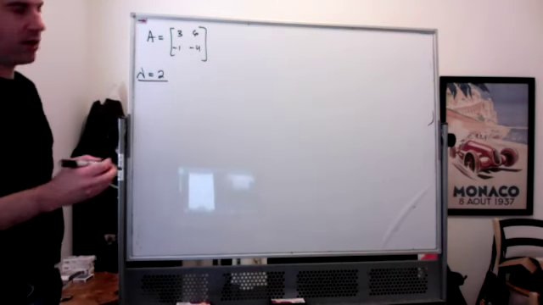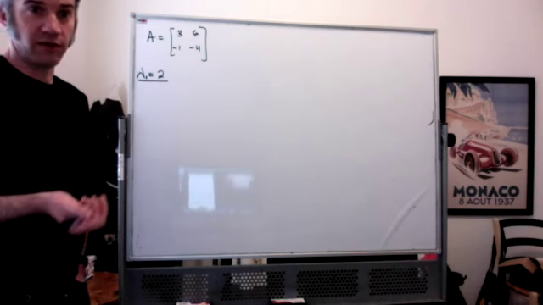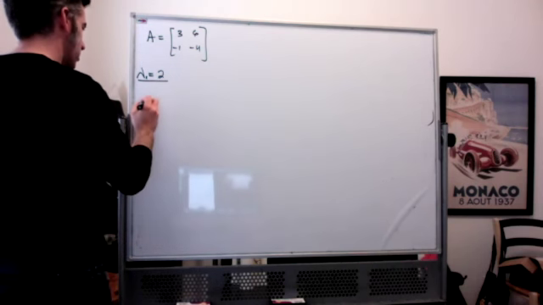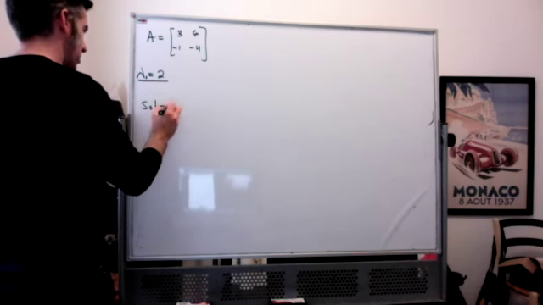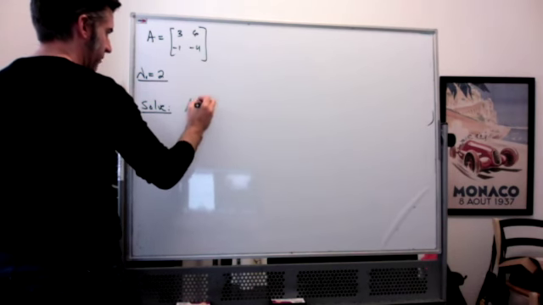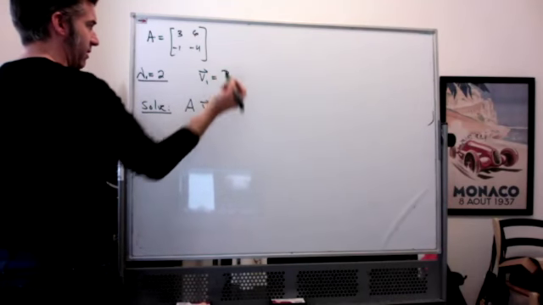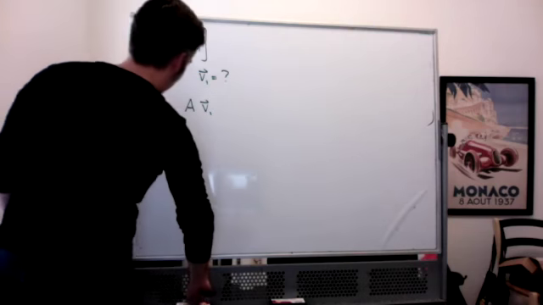I'll call this lambda 1. So we're going to try to solve the equation A times the eigenvector V1. That's what we're trying to find. We're trying to find the eigenvector V1, which we're going to call [x, y].